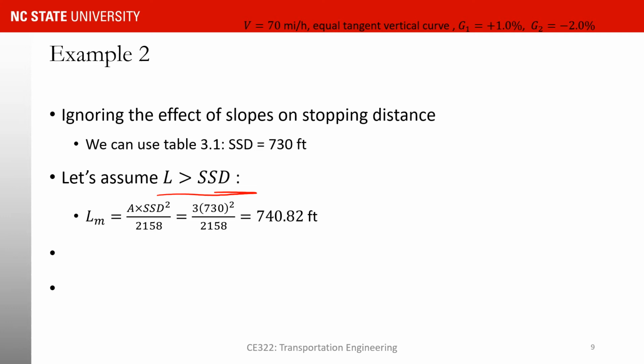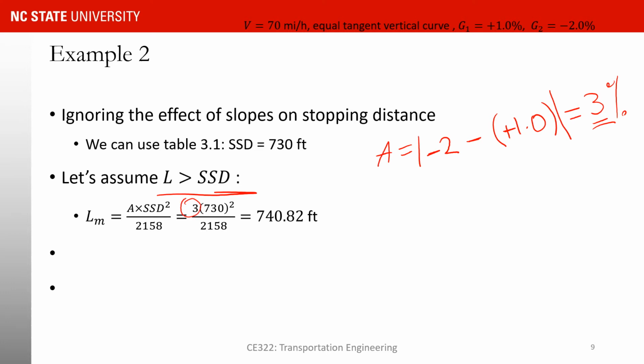So my G2 is -2, G1 is 1, so A would be equal to -2 minus G1, which is +1, which is equal to 3. And that would be 3%. So that's what I have here.